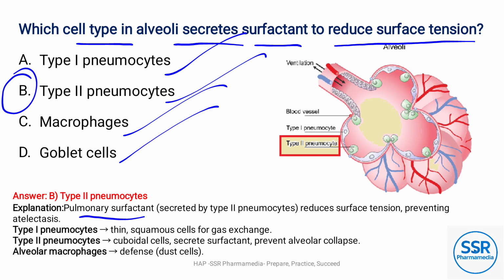So pulmonary surfactant secreted by type 2 pneumocytes reduces surface tension and prevents atelectasis.